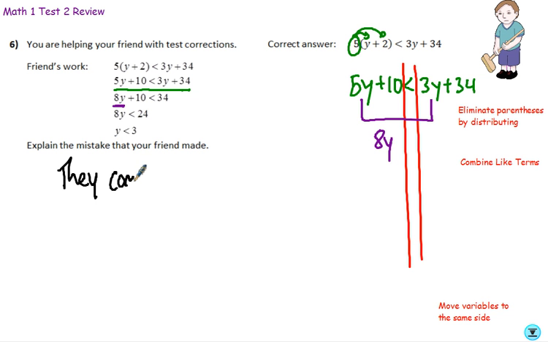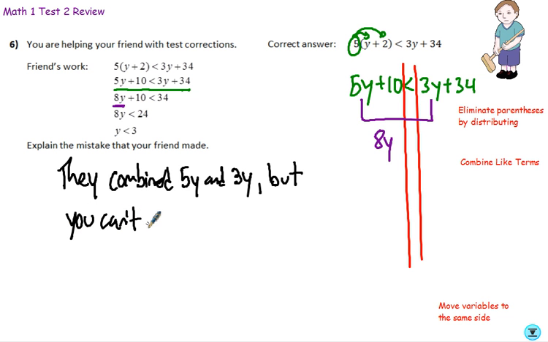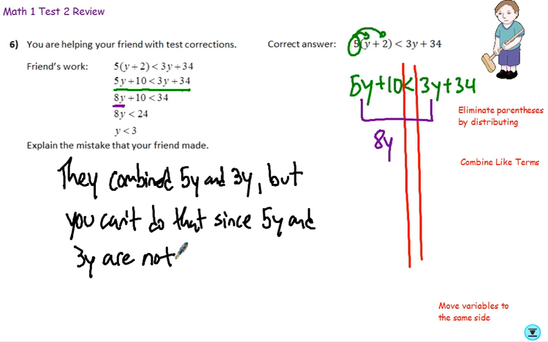So they combined 5y and 3y, but you can't do that since 5y and 3y are not on the same side. So that would be the mistake there: you can't combine 5y and 3y because they're not on the same side.